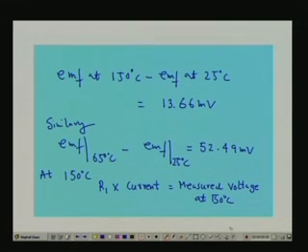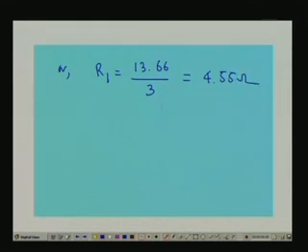So, I can write R1 is equal to 13.66 by 3, which is equal to 4.55 ohm, right.